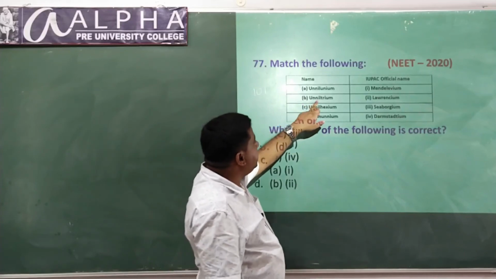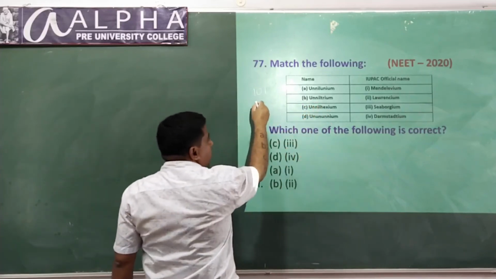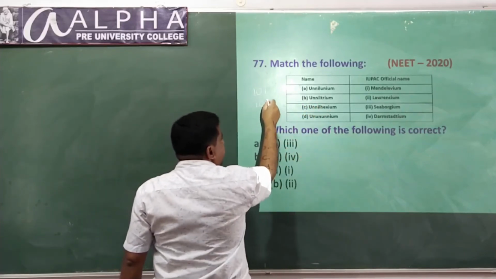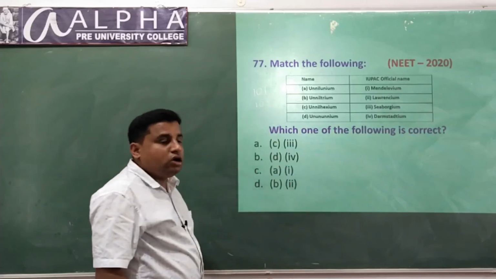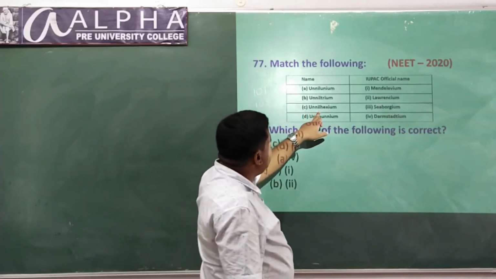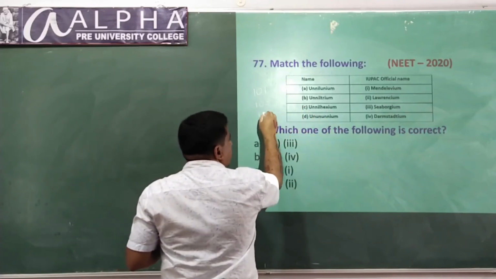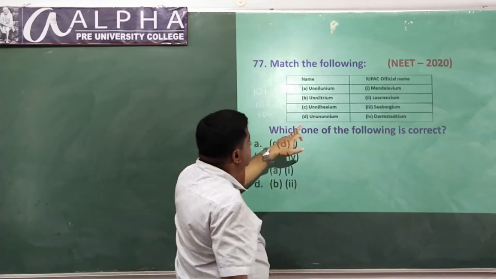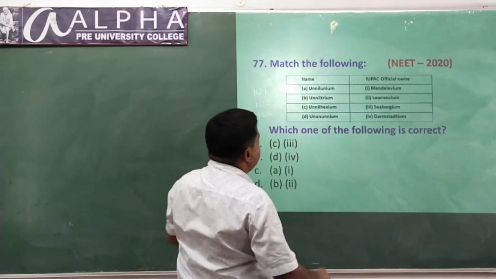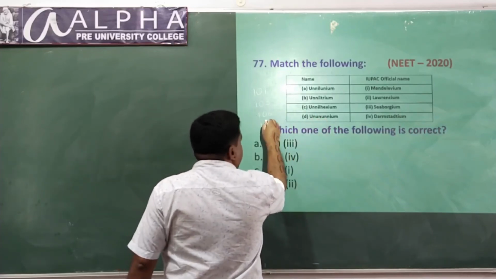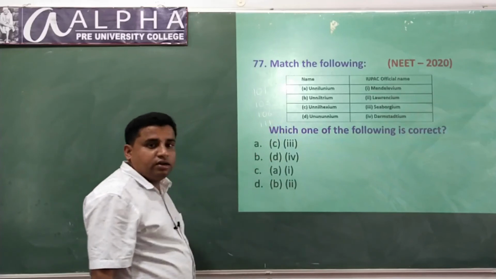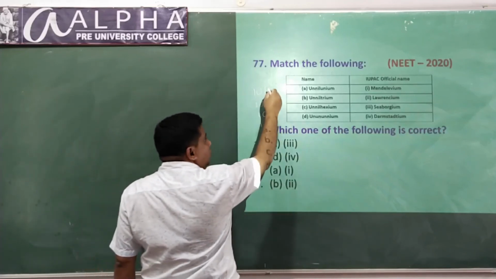Next, un, nil, trium. Un means 1, nil means 0, tri means 3. Next, un, nil, hexium. Un 1, nil 0, hex 6. Next, unium, un and un and un, 111. Correct? So we have to match the following.